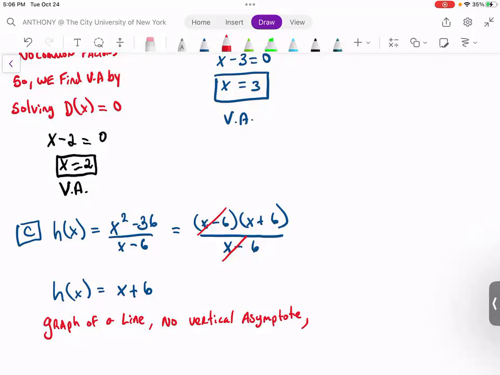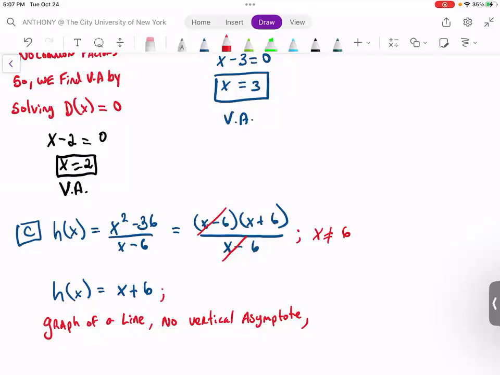Originally, when you look at h of x, the denominator was x minus 6. What happens when you plug in 6 for your x? What would be your denominator? 0. Can you divide by 0 in math? No. So ultimately, when these x minus 6 were being canceled, we just make a comment saying that x can never be equal to 6.